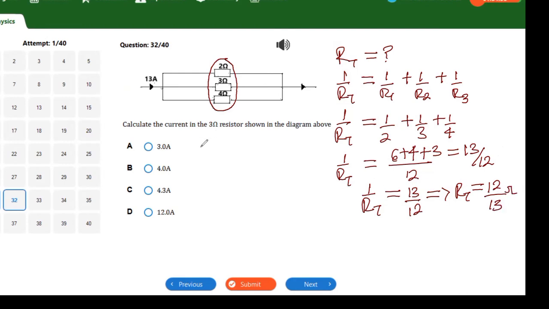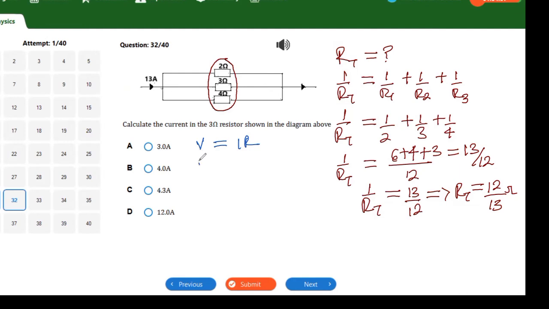So now we come back to this place. We're looking for the current, but let us find the voltage first, using V equal to IR. Since we have gotten the total resistance, we have the total current, which is 13 amp. Let us find the total voltage.